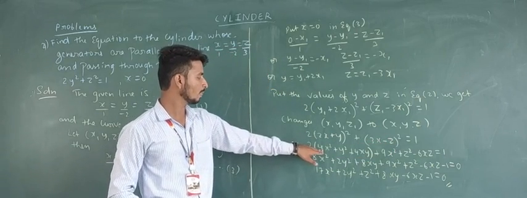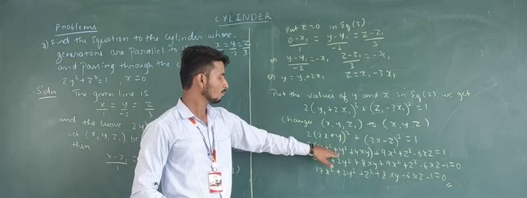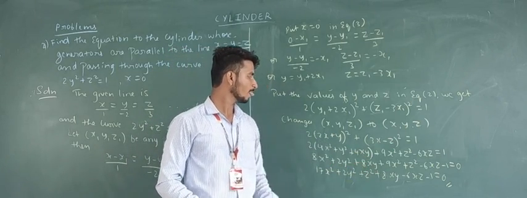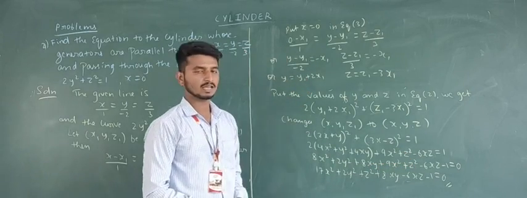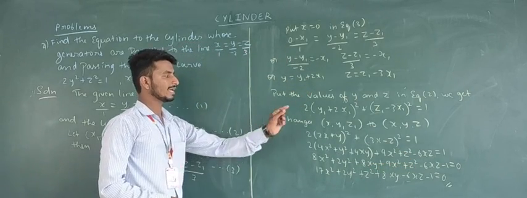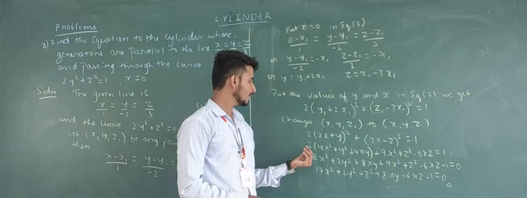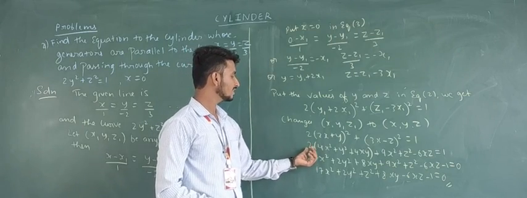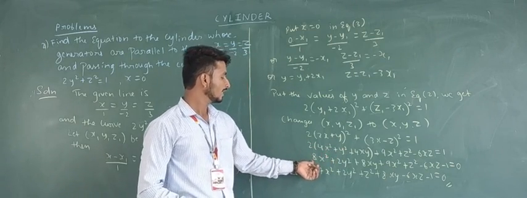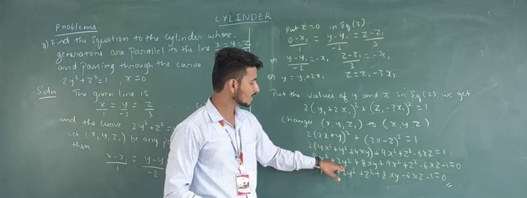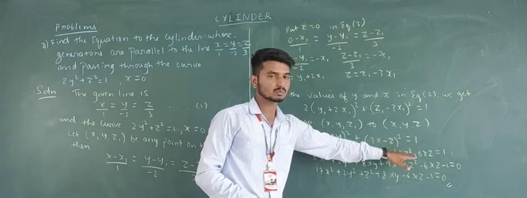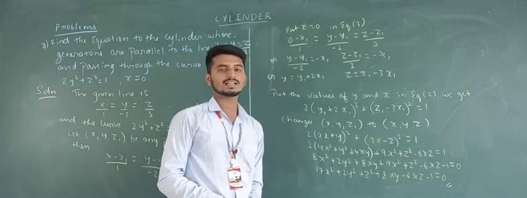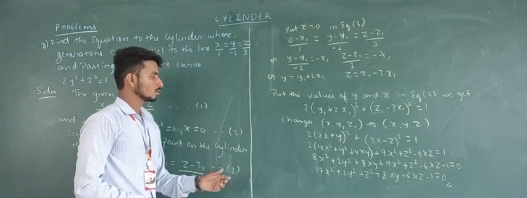That will be 2 into 4x square plus y square plus 4xy plus 9x square plus z square minus 6xz equal to 1. We take the 1 to the LHS and multiply the 2 into the bracket: 8x square plus 2y square plus 8xy plus 9x square plus z square minus 6xz minus 1 equal to 0.